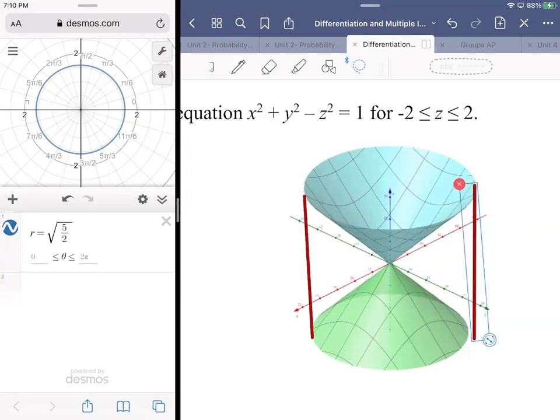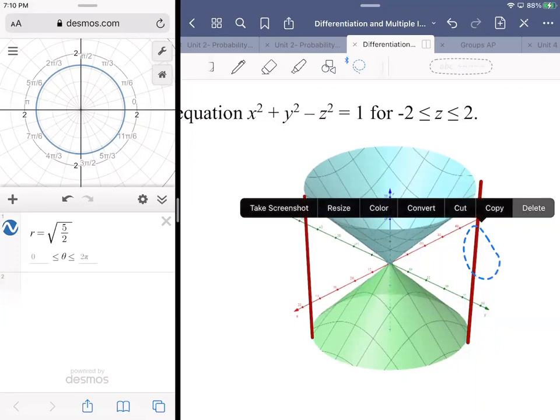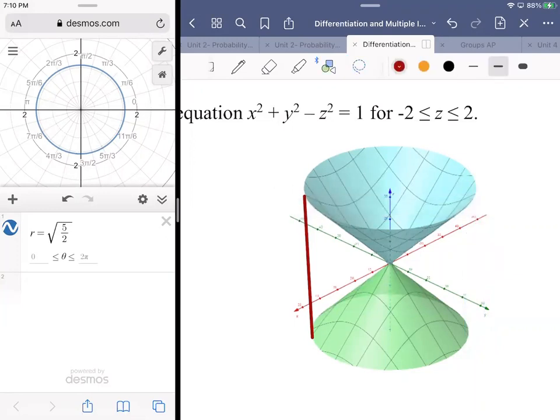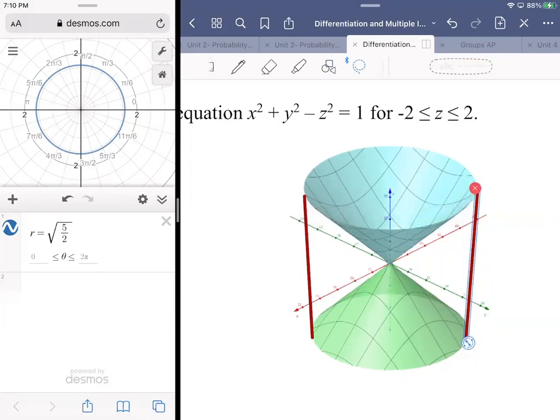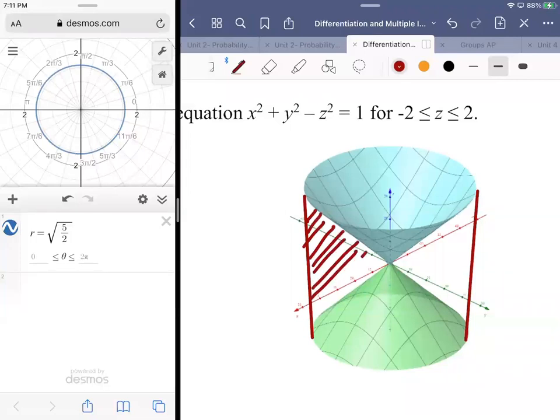All right. So in this case, it's not an axis, it's a plane, but it's still the same idea. So what we're going to get when we go to find volume, if we do it the right way, is all this stuff.